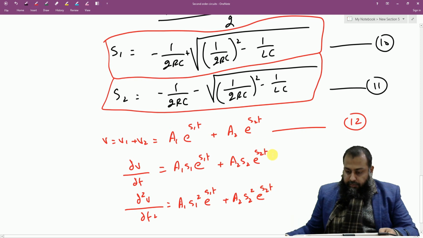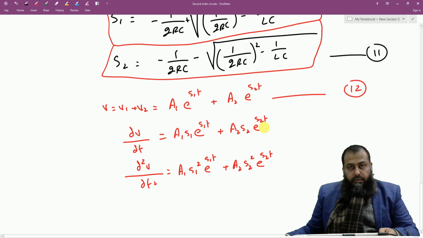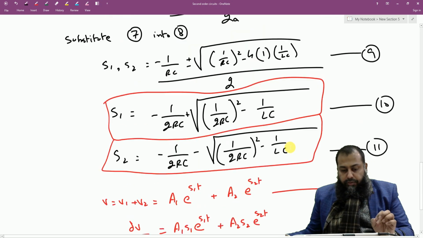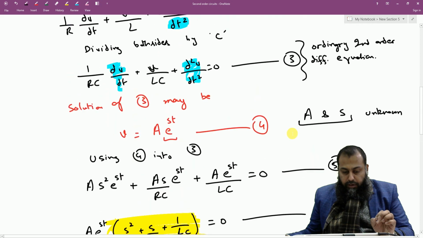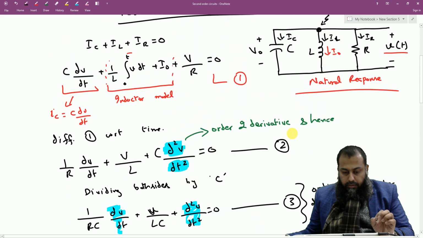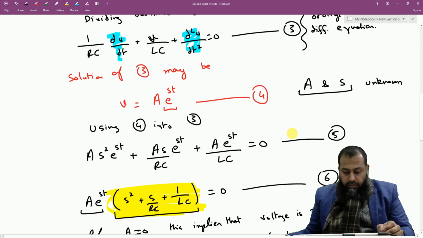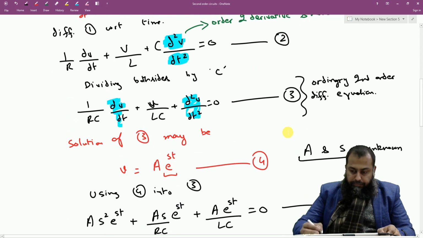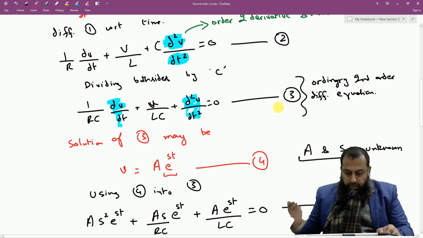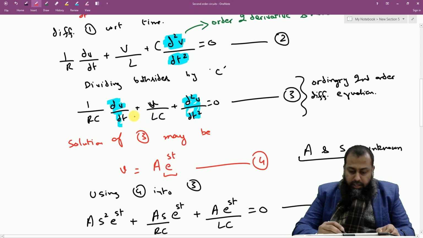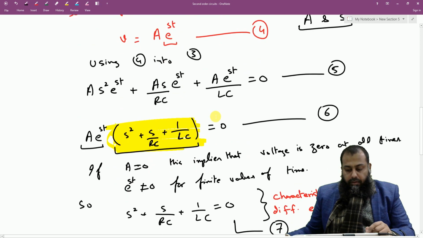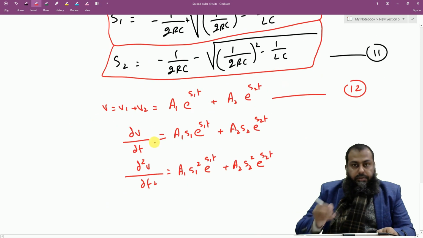Now using this, let us move back to the original differential equation that we have solved, which was this particular equation, equation number 3, this one. Let us substitute the value of dv over dt and d square v over dt square with these two terms.